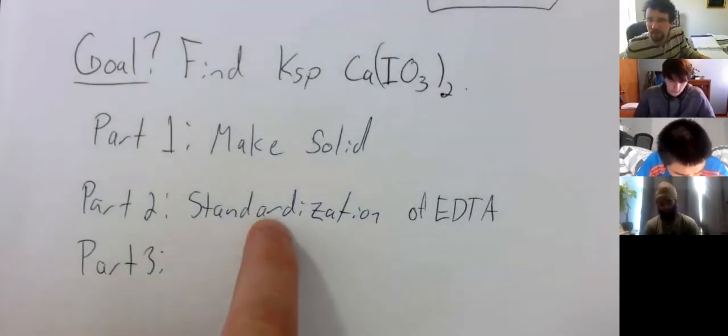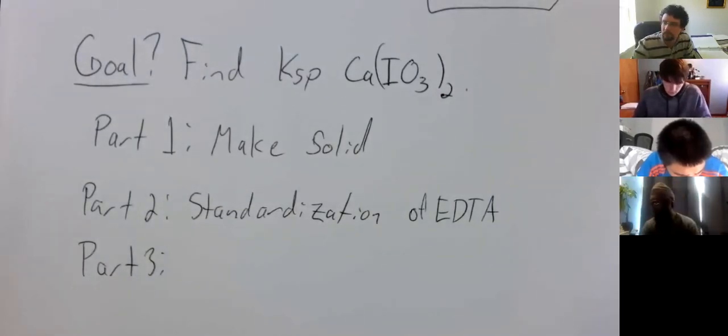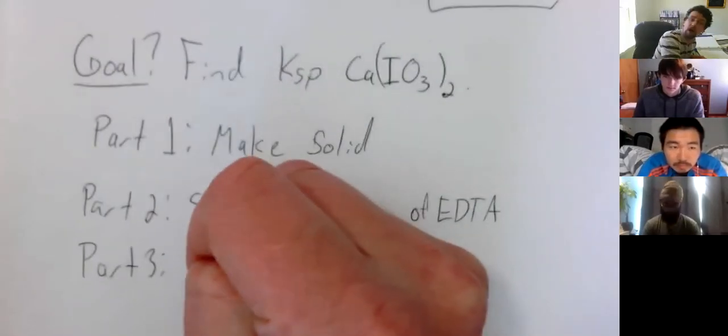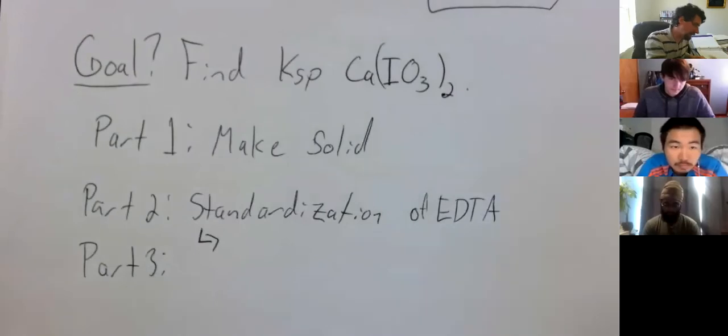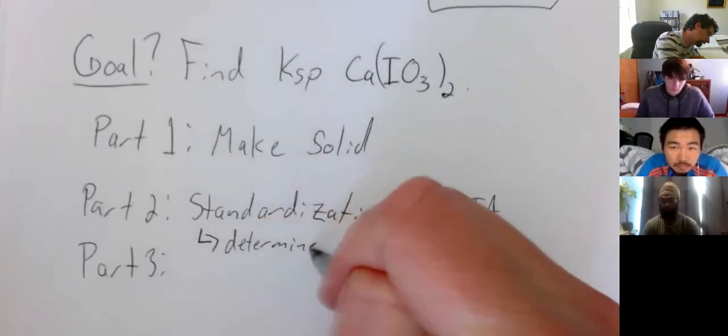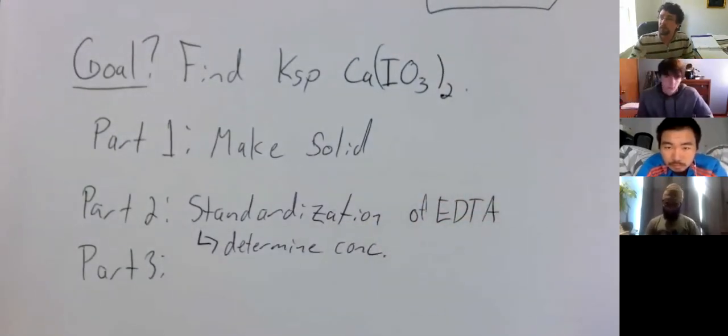So the word standardization, what does that mean again? Find the concentration. Yep. So we want to be sure of the concentration. Because later on, we're going to use this, we're going to titrate this with an unknown.